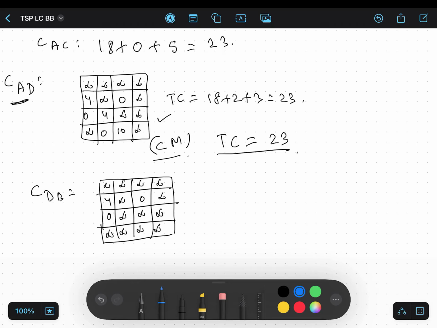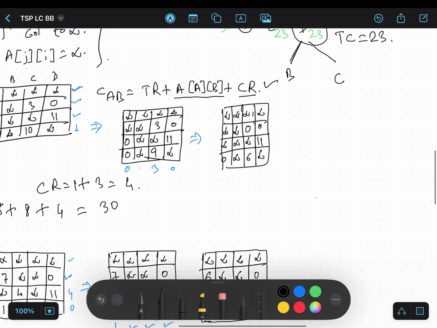Now let's reduce it again. This looks okay, this looks okay. Looking at the columns, this is good, this is good. So our current reduction is 0 and cost of DB is total cost 23 plus cost at DB index in our current matrix. So DB is 0 plus our current reduction is 0. So this is 23. So going from D to B is 23.